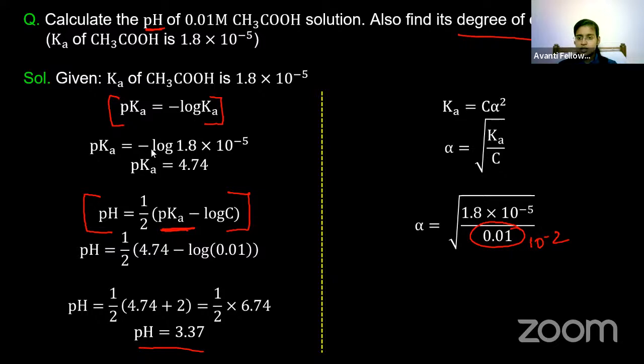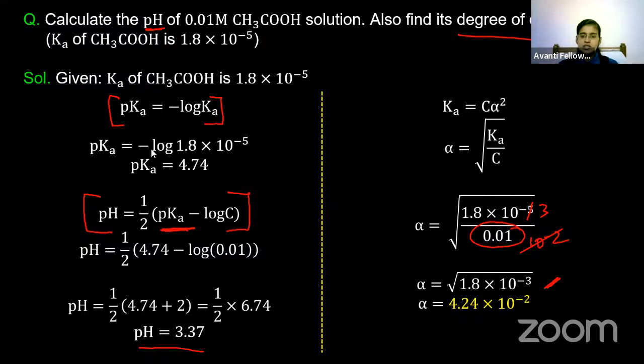You can cancel this out, and if you cancel this, you will get 3 here, right? So we will have root of 1.8 into 10 to the power minus 3. Taking the numbers out from the root, you can have 4.24 into 10 to the power minus 2. Or you can stop the question up to this also, no problem. Okay, clear?